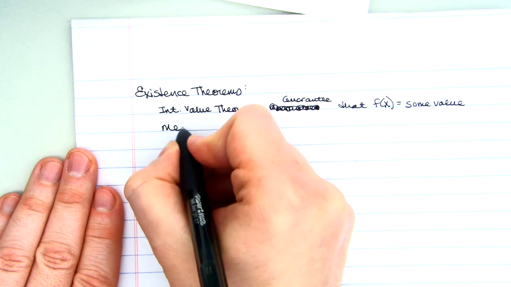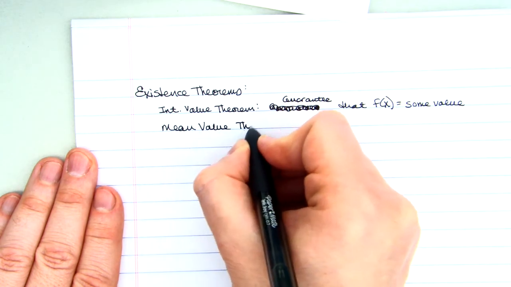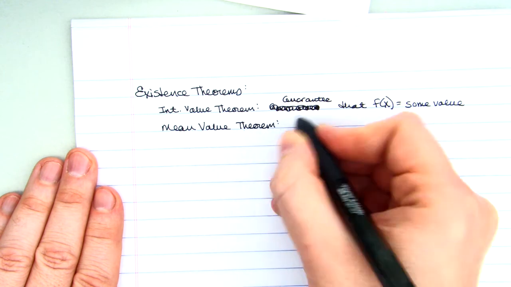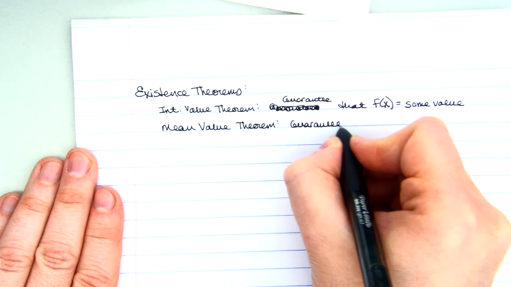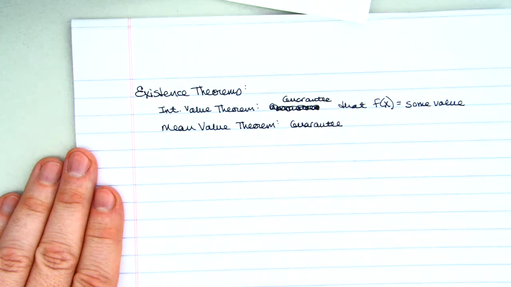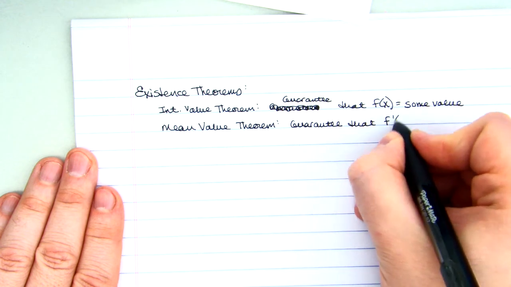We now add to that list our mean value theorem, which is used to guarantee not that our original function equals a particular value, but that the derivative equals a particular value.